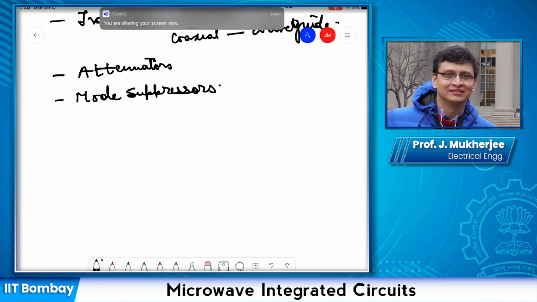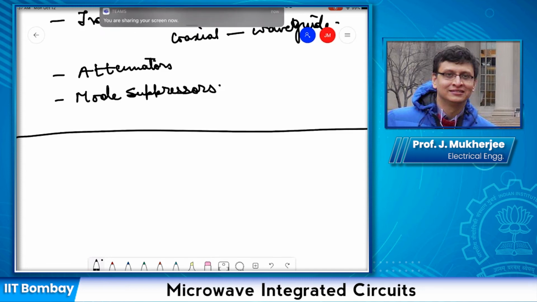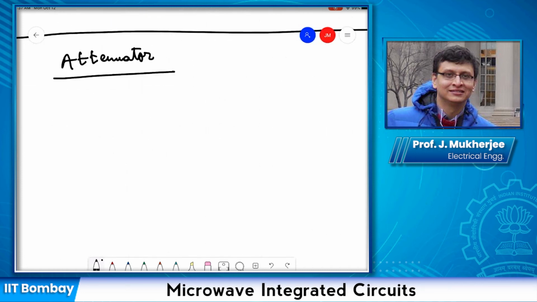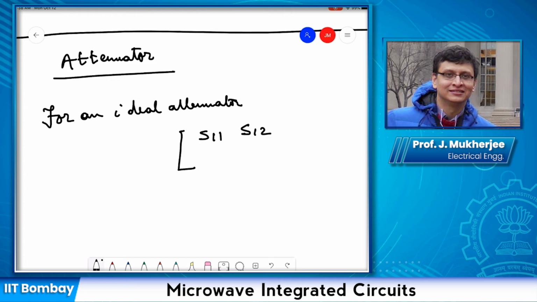Now, the next kind of two-port network which I want to discuss, let me go back to what is known as an attenuator. So for an ideal attenuator, say the S parameter matrix is like this.